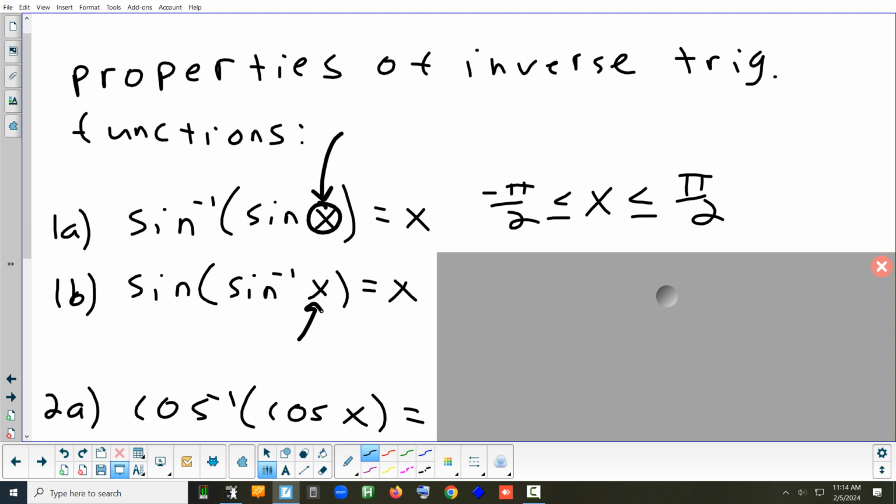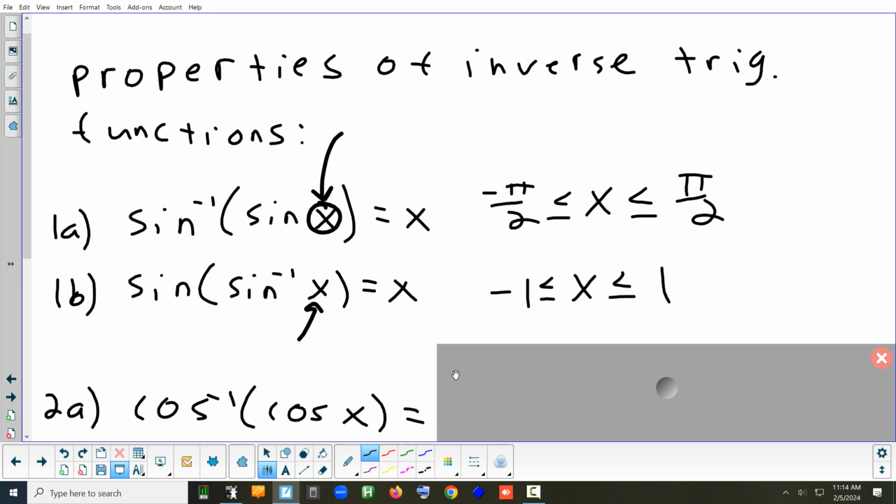How about this one? Think of inverse sine. What did we say the domain of inverse sine is? And if you can't think of the domain of the inverse, think of the range of the original. And that'll tell you what numbers you're allowed to plug in right there. Yep. Negative 1 to 1.